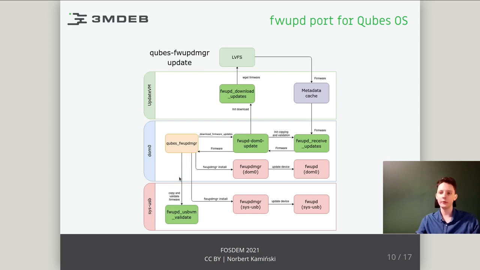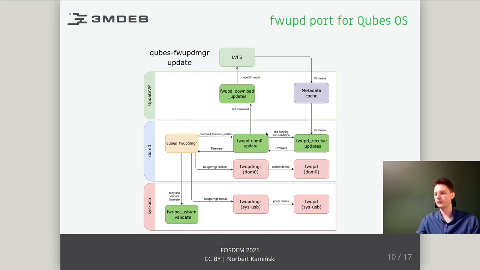The whole update operation is handled by Qubes' fwupd manager, which calls the update VM to download the firmware. Then it is cached like in the fwupd architecture. It's also validated on every step of the firmware updating process.